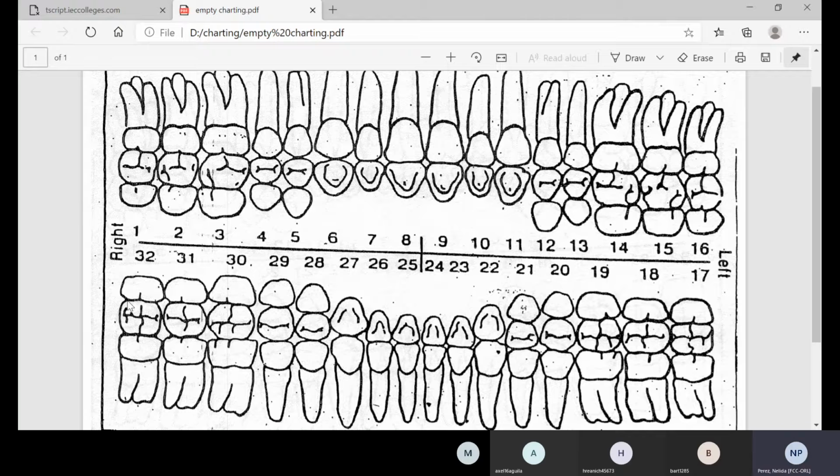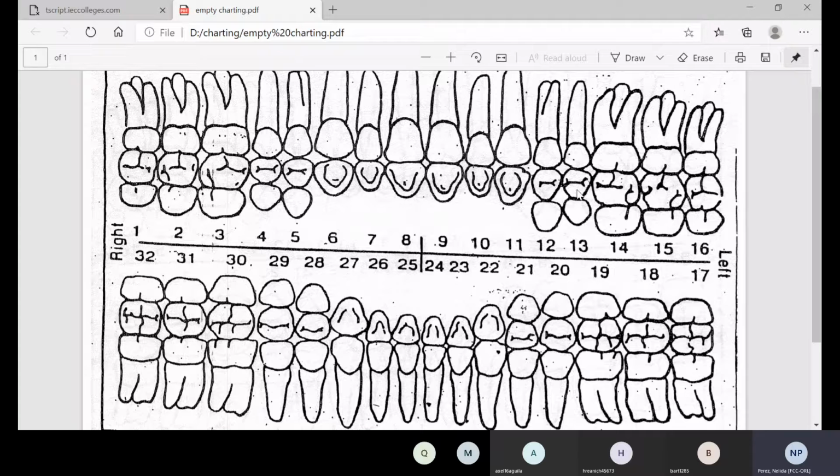With that said, if you see this small little line right here, imagine that this line goes all the way from up here, all the way down, from the nose down to the chin. That is called the midline. What the midline does is break the arches up into quadrants.